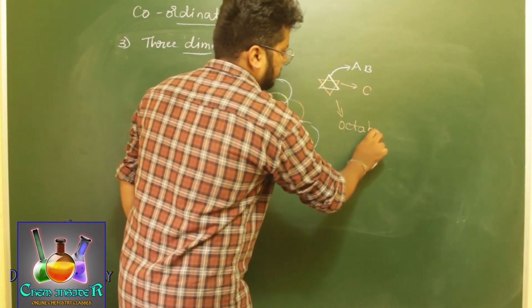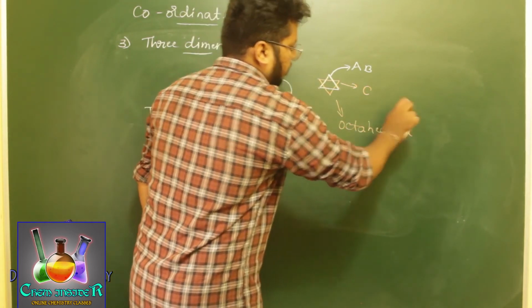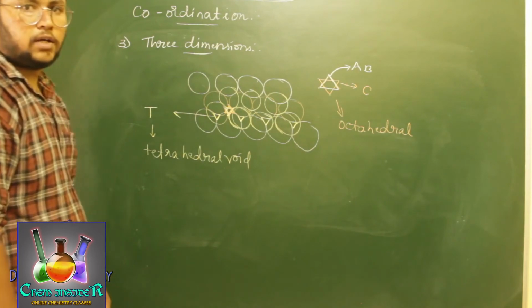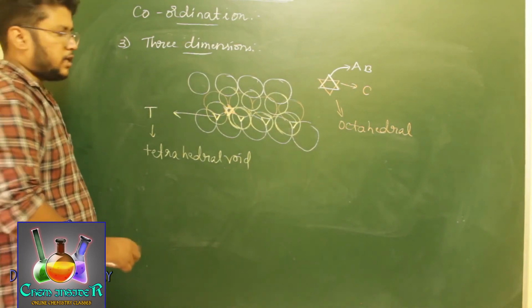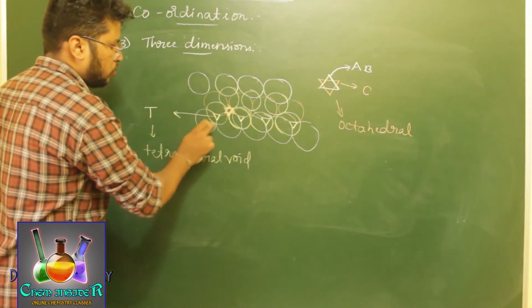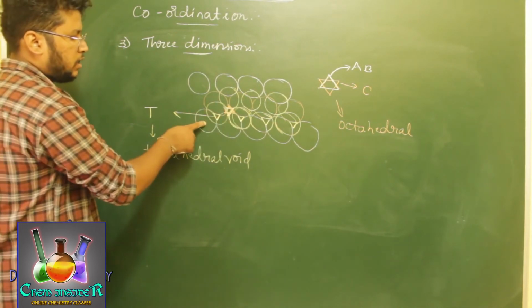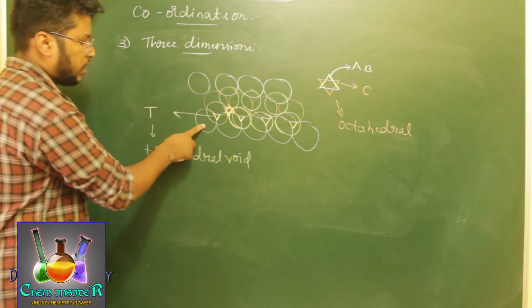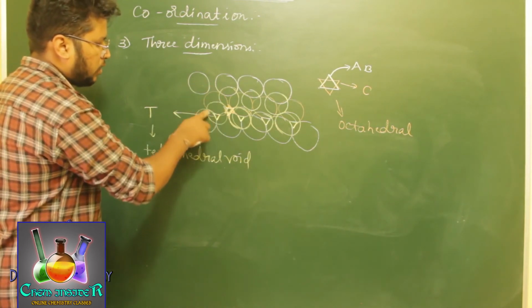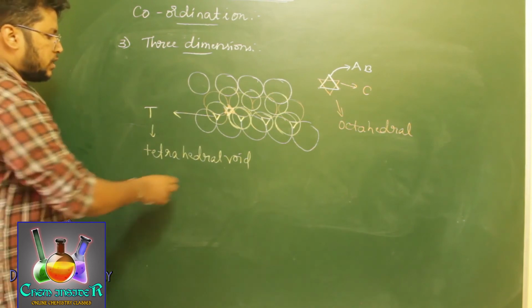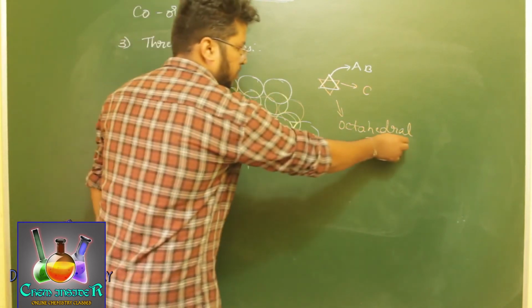This octahedral void is generated by 6 atoms, 1, 2, 3 and the 3 below, whereas the tetrahedral voids are generated by 4 atoms, 1, 2, 3 and the one of the yellow. This tetrahedral void and octahedral void we will discuss further later.